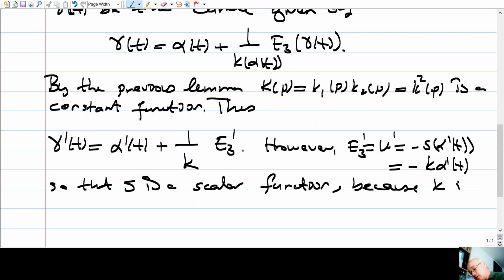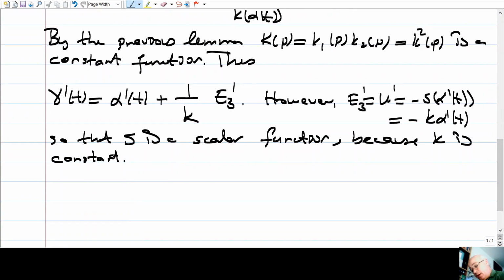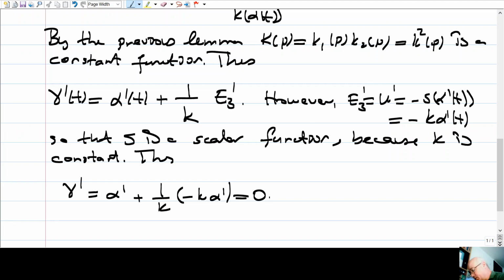Okay, K is constant. Thus, we get this gamma prime, which is just alpha prime times 1 over K, and then instead of this, I will just write minus K times alpha prime. But this is minus alpha prime plus alpha prime, so it is 0. So that gamma is constant.